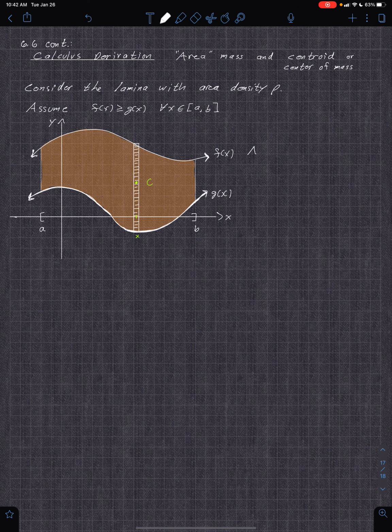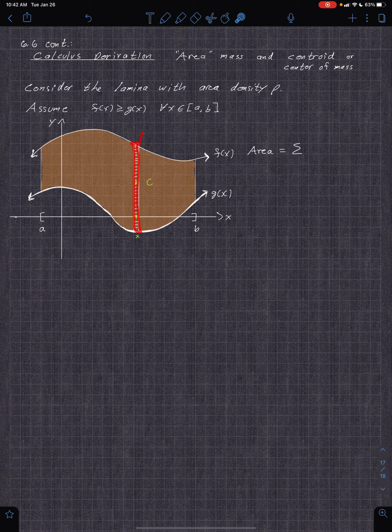So the area, because if you know area, then you multiply by rho and you get mass. Rho is area mass density. So area is the sum of the rectangles, just like before.